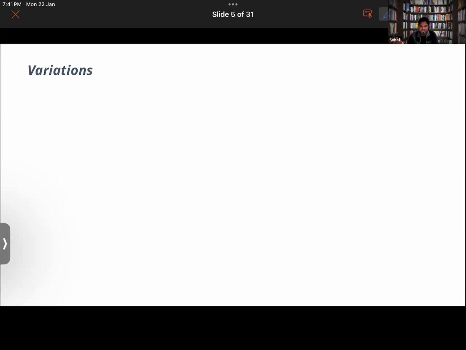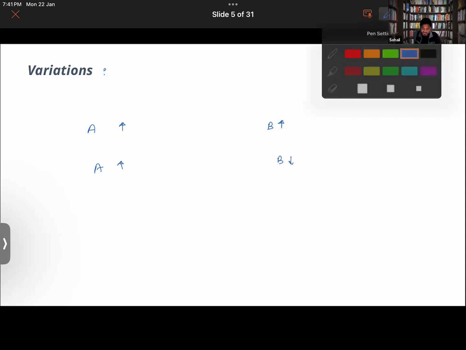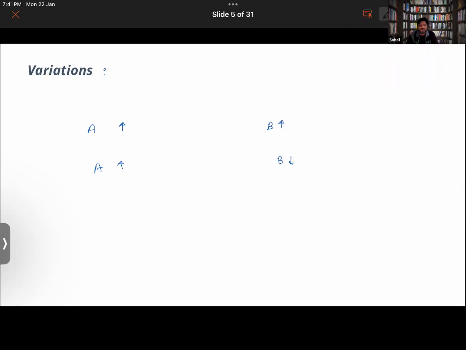This we call variation. And variation is of two types: it could be direct variation and indirect variation. For example, if A increases and B is also increasing. In another situation, if A is increasing, B is decreasing. So that is called variation. If the change in one value, whether an increase or decrease, affects the value of the other object, it is called variation. Everyone clear with this concept? Yes, sir.